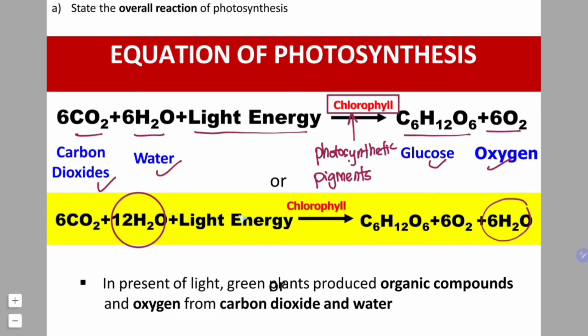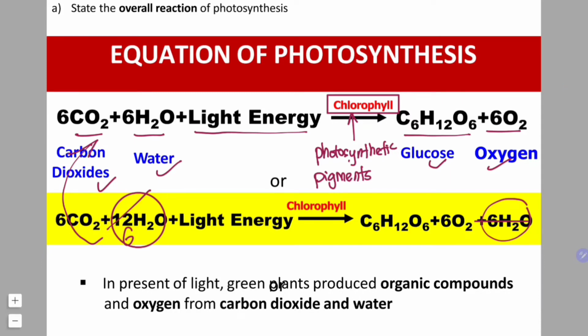So for photosynthesis to occur, we need 12 water that will produce 6 water. If we simplify this equation, we can cancel out the second water, the production of water, and reduce the number of water required as a reactant to 6 water only. And we will get the first chemical reaction.